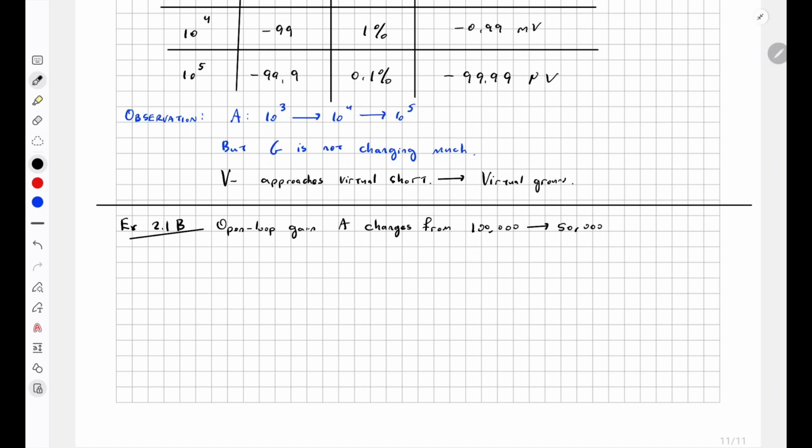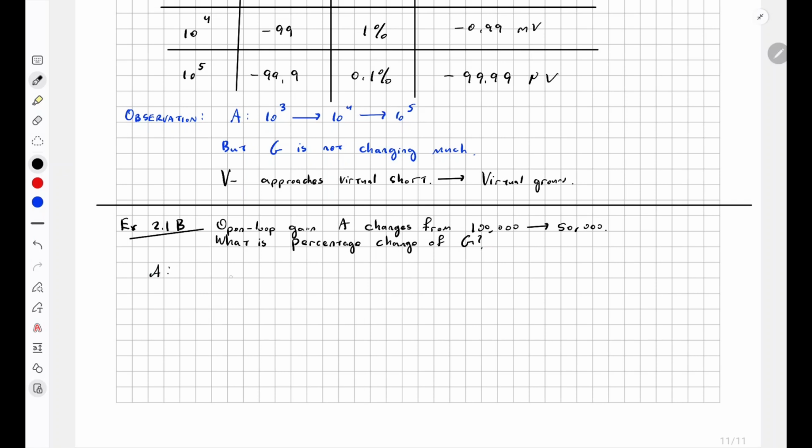So we just cut it in half. So the question is, what is the percent change of the closed loop gain, G?